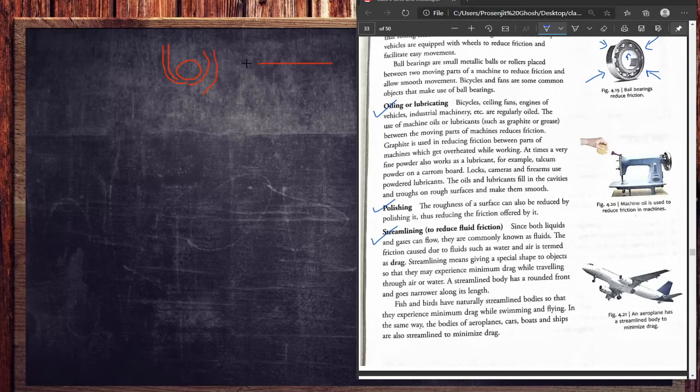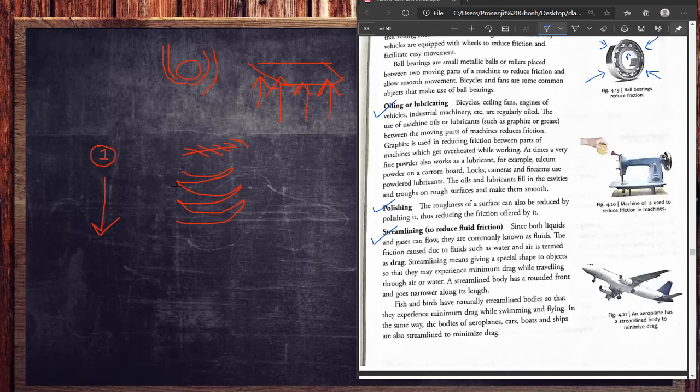But if it is a flat disc type, then the air will make it lift up a little bit more. So if you do one experiment where you drop a 1 rupee coin and a feather, you can notice that the 1 rupee coin will drop very easily, but the feather will float a little bit. Why is it happening? Due to air drag. Air is actually providing you some friction.